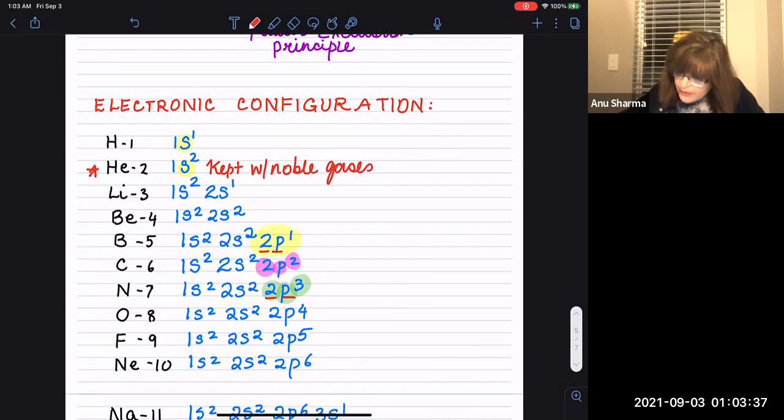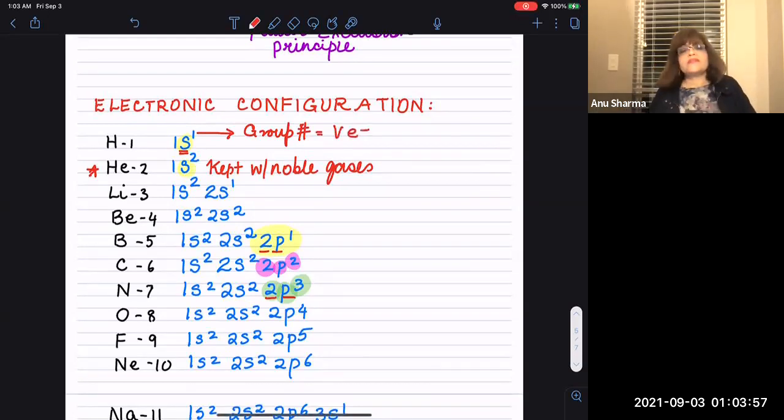But if you look at it, this is in S block, first column, right? And this number on the top also relates to the group number. And this is the valence electron.